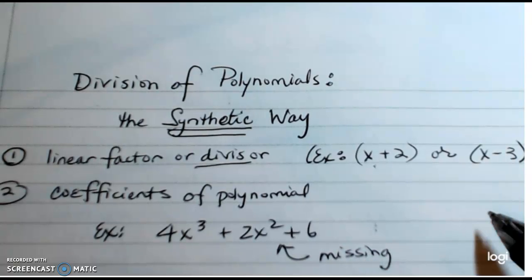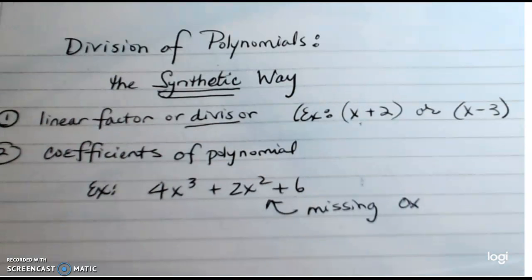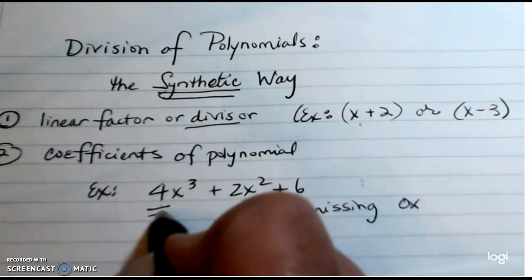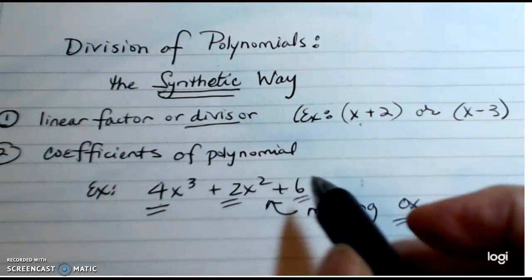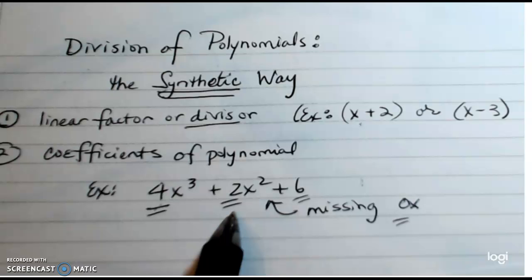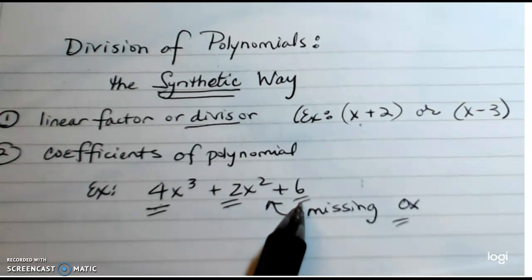So the missing term is 0x. And the coefficients you're going to need for your synthetic division are 4, 2, 0, and then the constant 6.